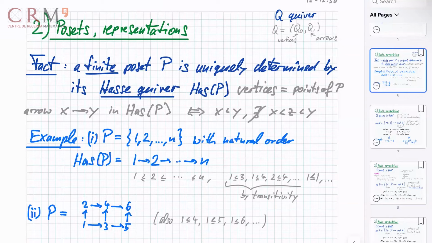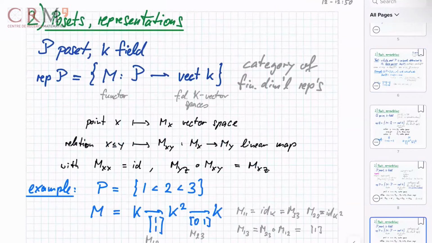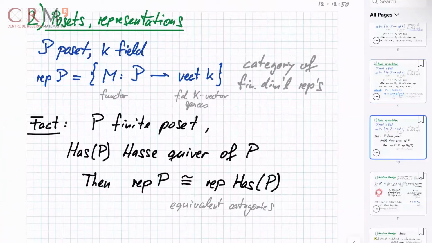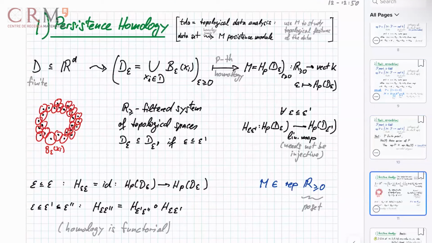So we can go to representations of the Hasse quiver, and we insist they come with commutativity for parallel paths. That's okay? Okay, good.